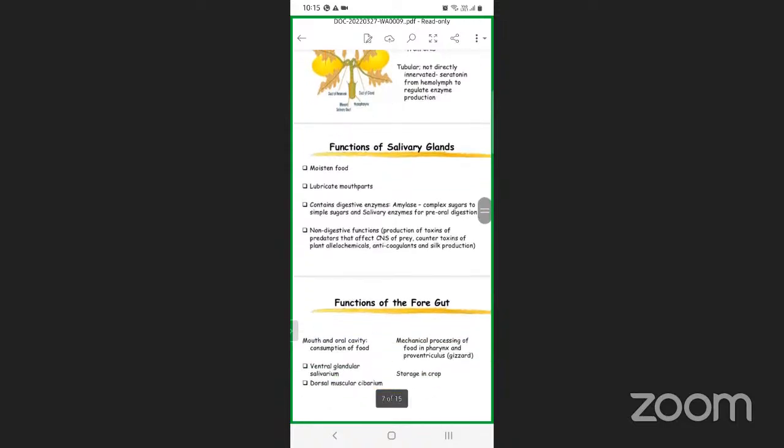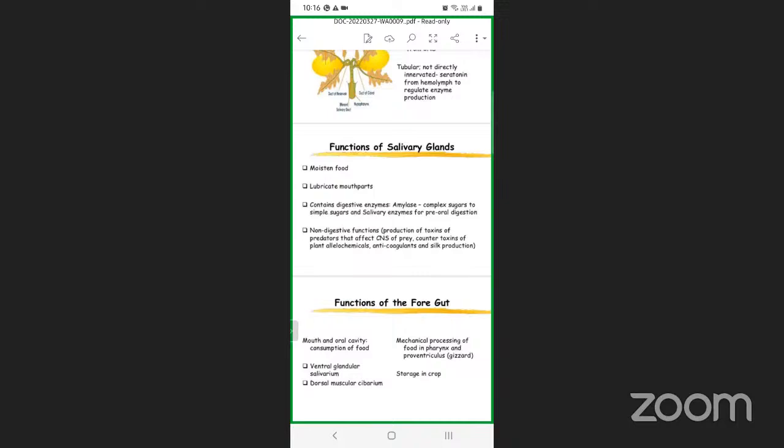So these salivary glands also help in moistening the food and lubricating the mouth parts, and they secrete the digestive enzyme amylase, which helps in breaking down complex sugars into simple sugars. Salivary enzymes mainly help in pre-oral digestion.